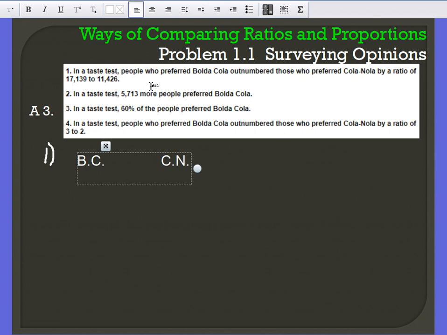It's just saying that there's a ratio of these 2 numbers. So we know that some variation of this ratio is reality for step 1. So let's see, we've got 17,139 here. That colon's going to make more sense as we start looking at ratios more and more.